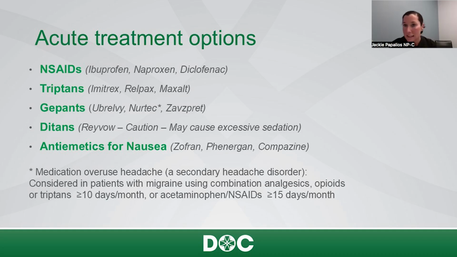But these are the ones that I see most commonly prescribed, not only in our clinic, but just in general, even headache specialists, we see these quite a bit. And you may have even seen commercials on some of these newer ones. So again, NSAIDs, over-the-counter ibuprofen, naproxen, diclofenac is something that can be prescribed.